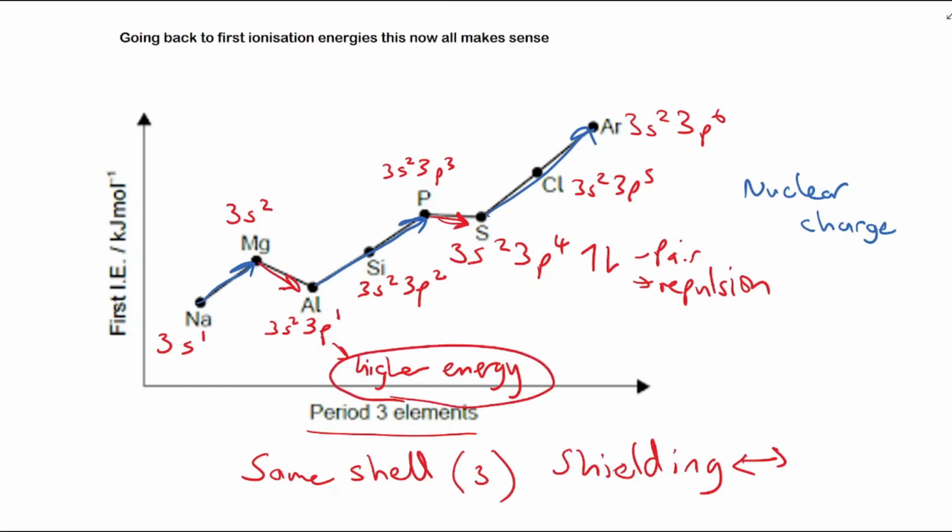One is we have a higher energy in the p block than the s block, which creates this difference, and the other is we have the repulsion from a paired electron at 3p4. So now we know enough about the orbital theory to explain the trends in successive ionization energies and also these trends across the period.